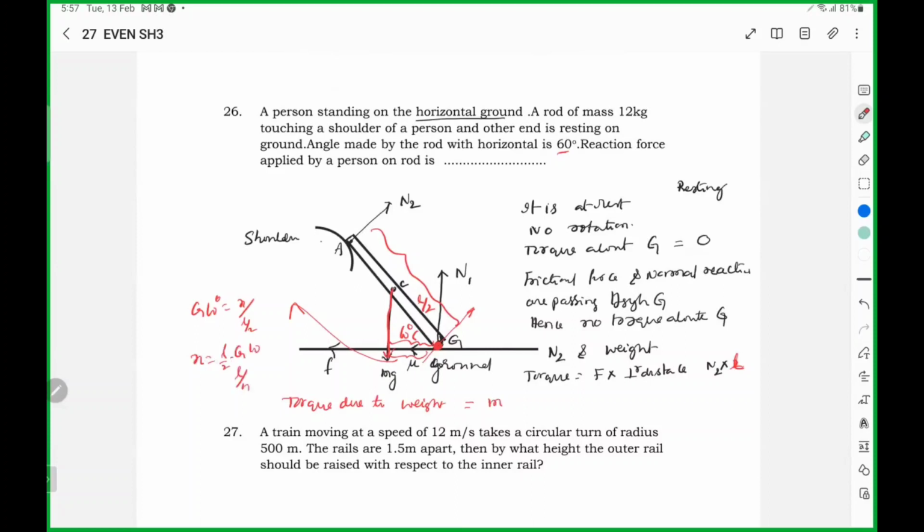So here it is mg into L by 4. These torques must be balanced, then only there won't be any rotation. N2 into L is equal to mg into L by 4.